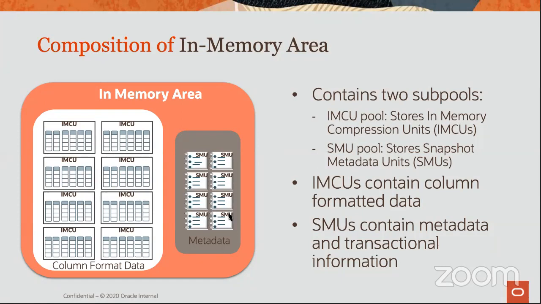That's the actual columnar formatted data for the objects that you've enabled for Database In-Memory. And then we have another area, the 64K pool, where we allocate snapshot metadata units, or metadata about the IMCUs. You don't really have to remember all of that, other than to recognize that that's how the architecture is built.